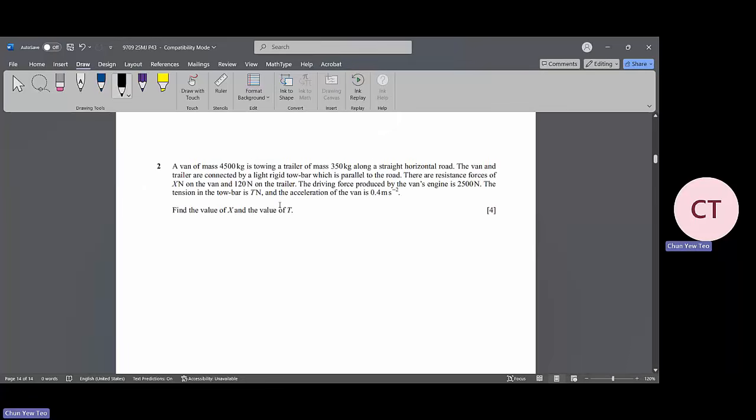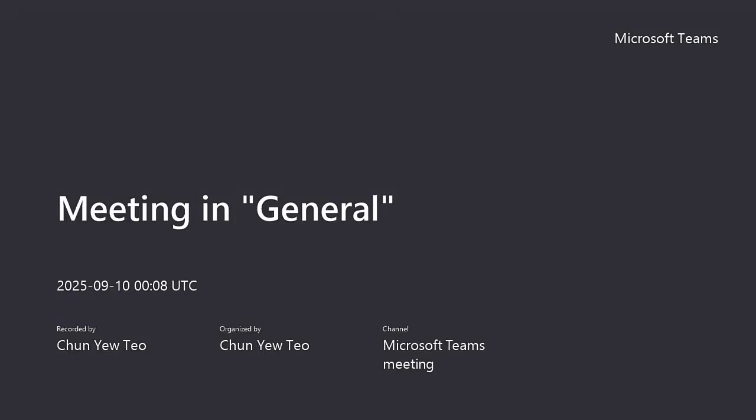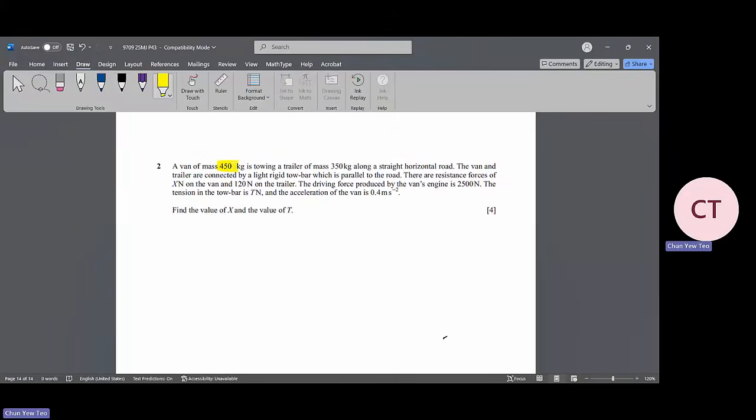Moving on, we have question number 2. A van of mass 4,500 kg is towing a trailer of mass 350 kg along a straight horizontal road.